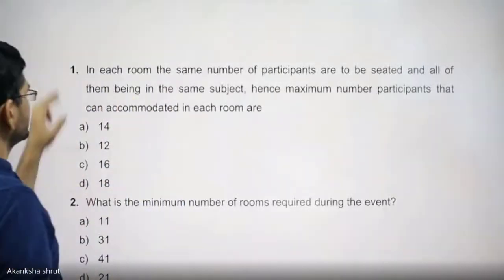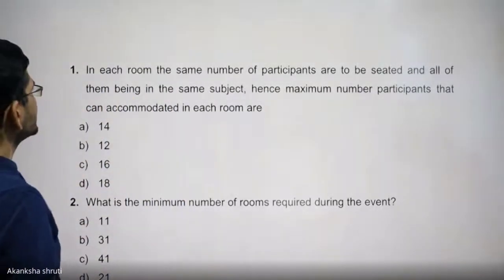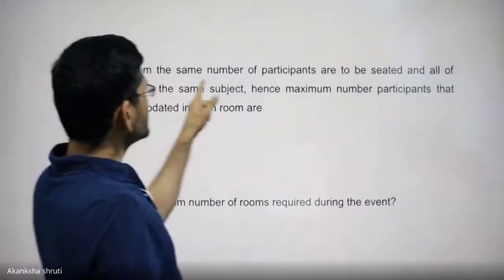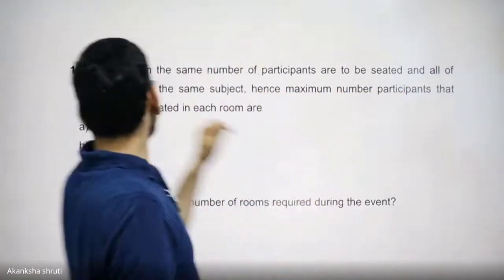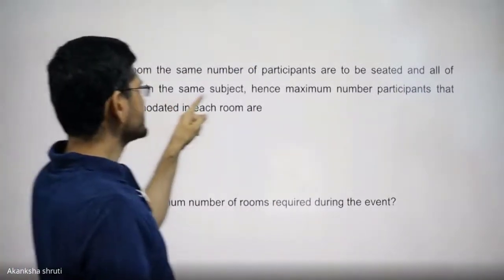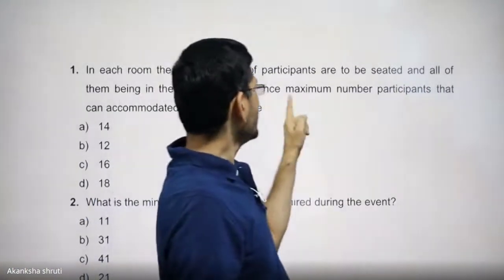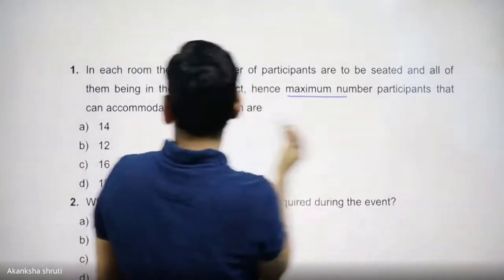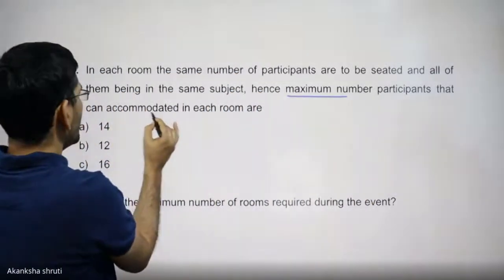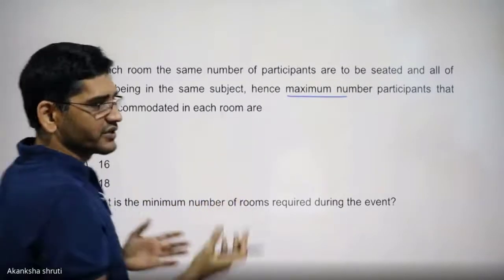Then the first question is, in each room the same number of participants are to be seated and all of them being in the same subject, hence the maximum number of participants that can be accommodated in each room is.